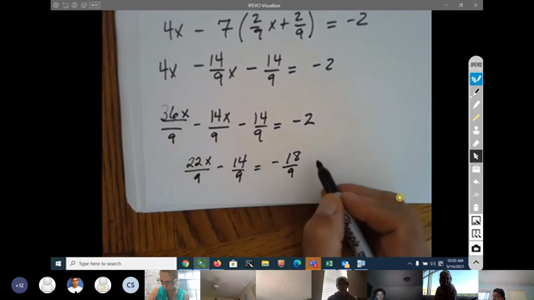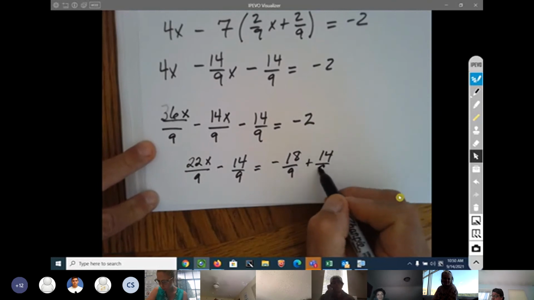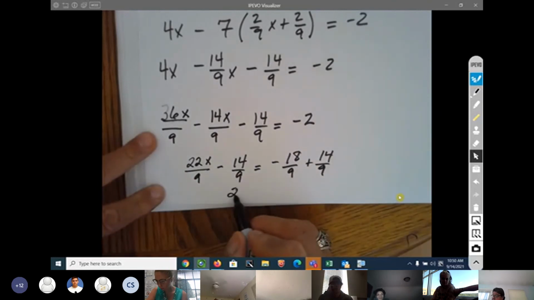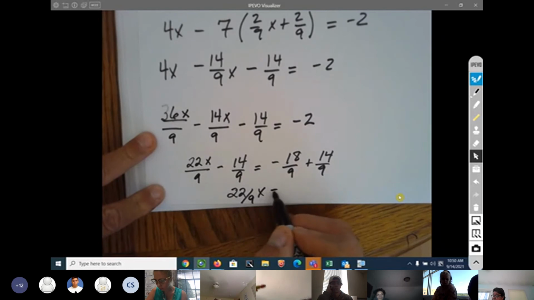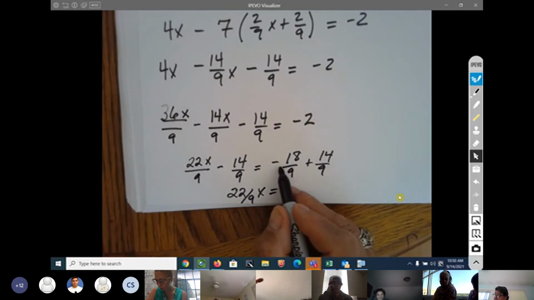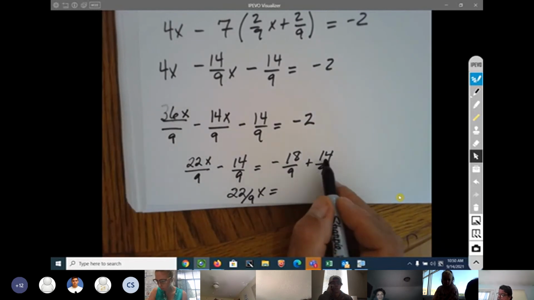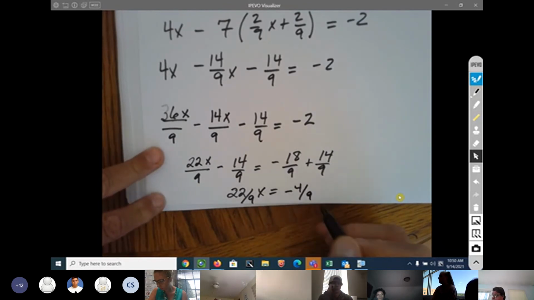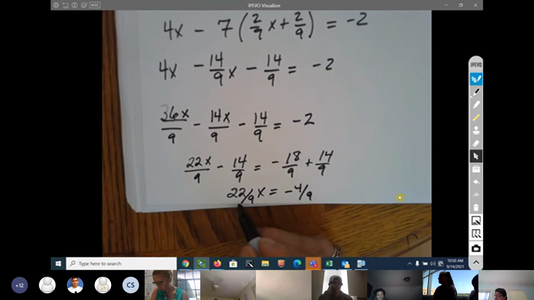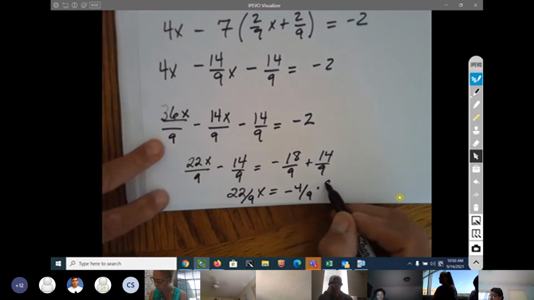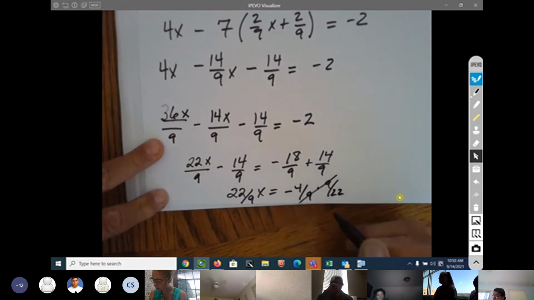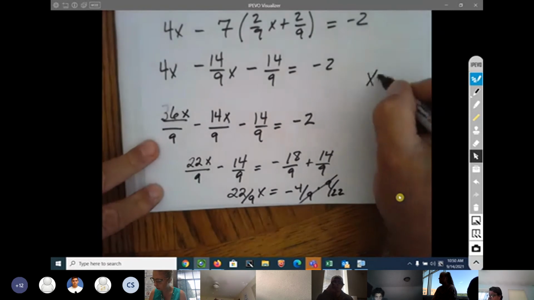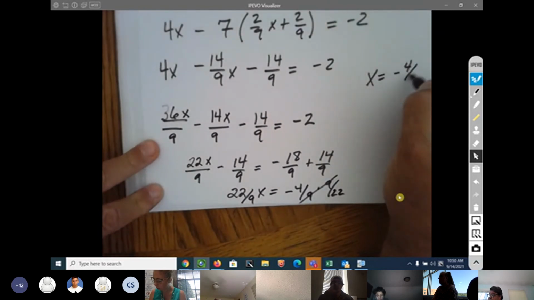Bring that 14 over, plus 14 over 9. 22 ninths times x is equal to negative 18 plus 14, which is negative 4 ninths. And we need to bring this over here, divide by 22 ninths, which means you multiply by 9 over 22. So x is equal to negative 4 over 22.